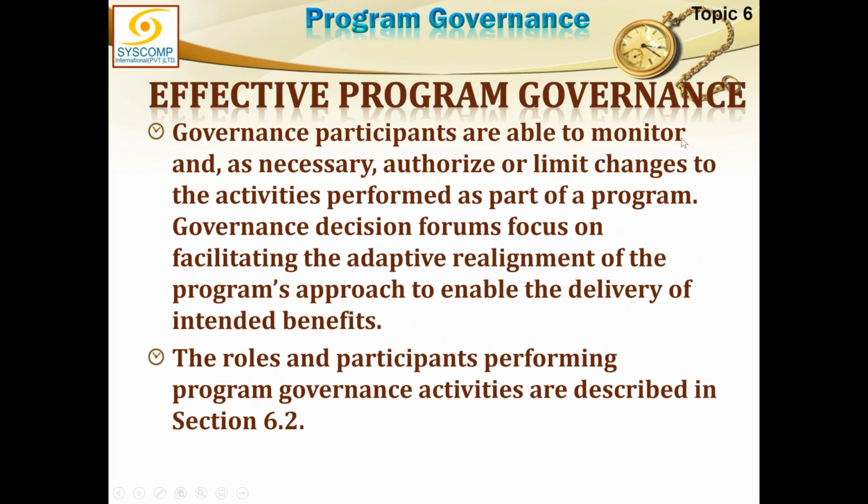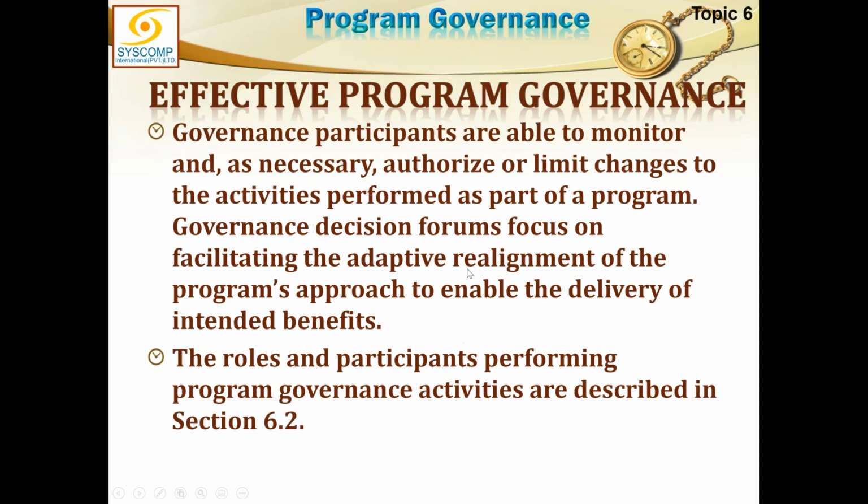Governance participants are able to monitor and, as necessary, authorize or limit changes. Here we are saying governance participants, later on we'll be calling them the governance board. So these are the people who authorize or who approve your changes or limit changes to the activities performed as part of the program. Governance decision forums focus on facilitating the adaptive realignment of the program's approach to enable the delivery of intended benefits.